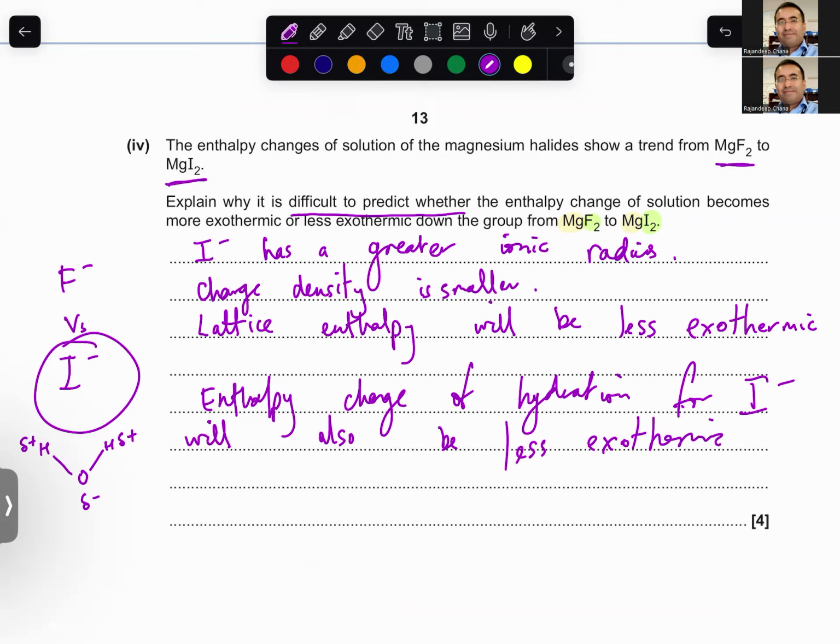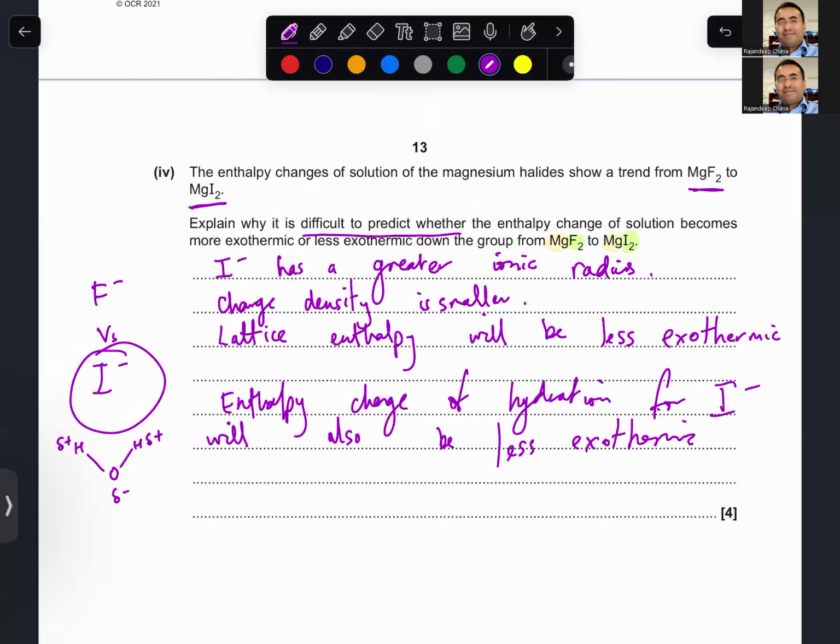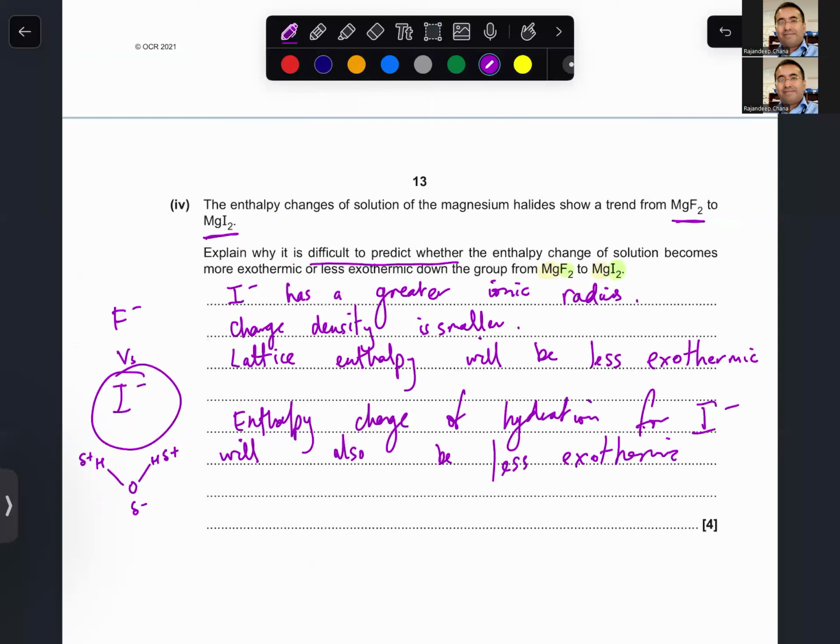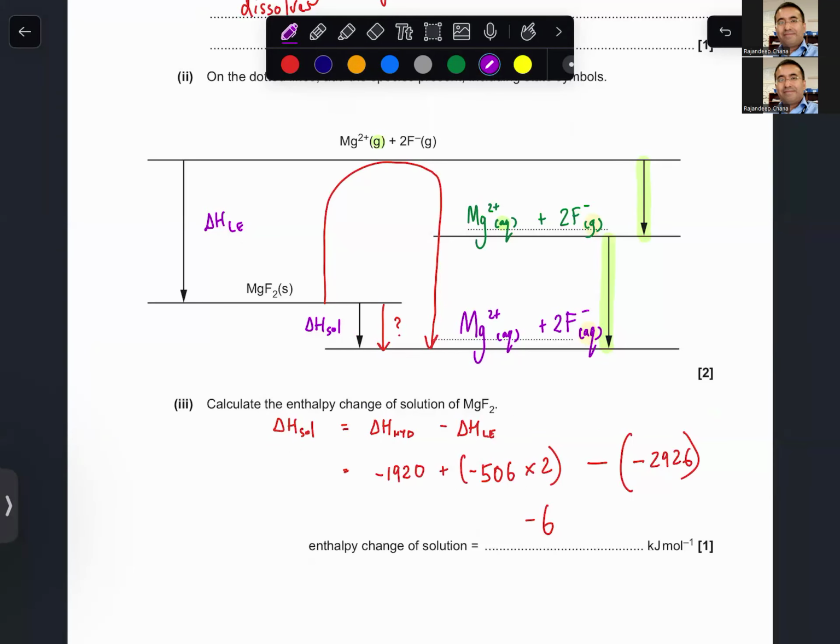Okay, now the thing is, let's go back to the cycle. Let's look at this formula.